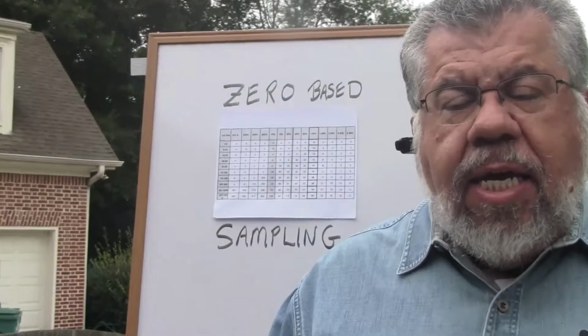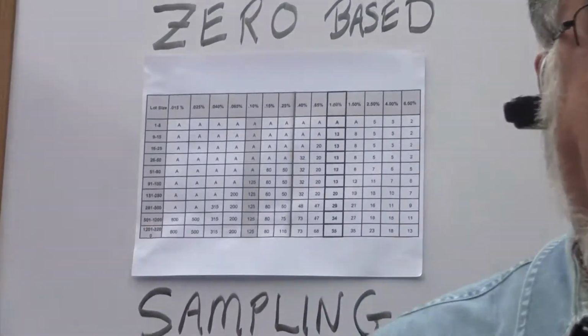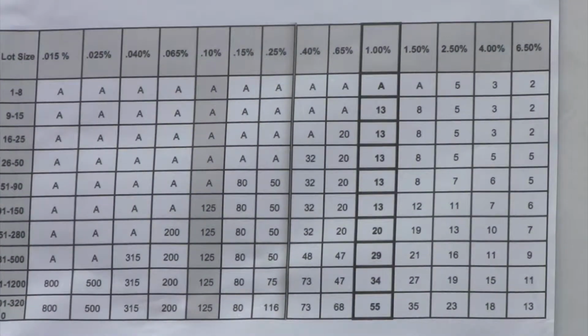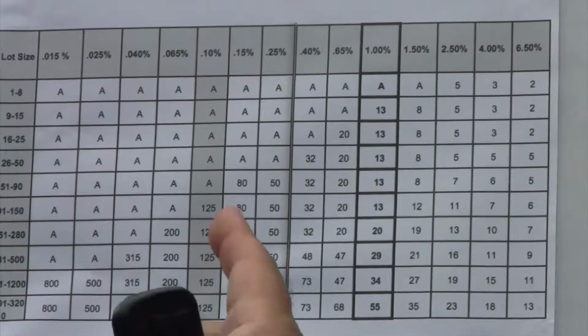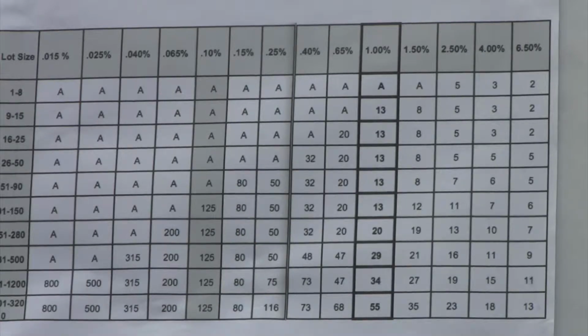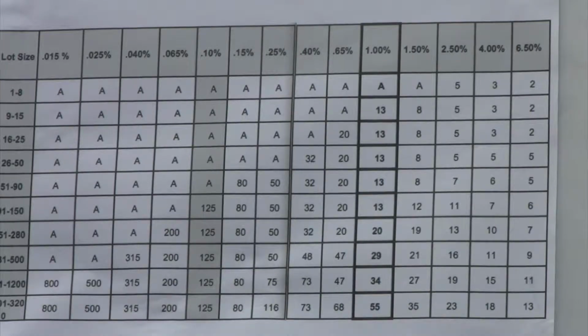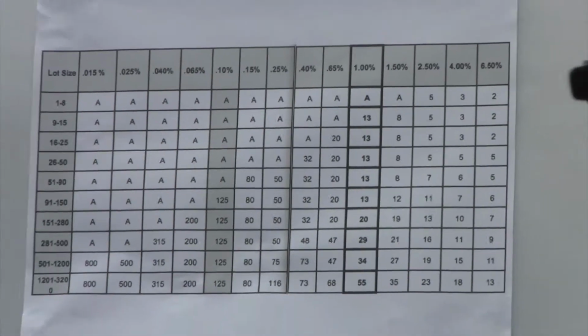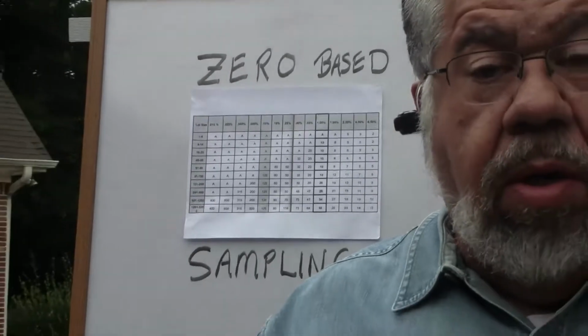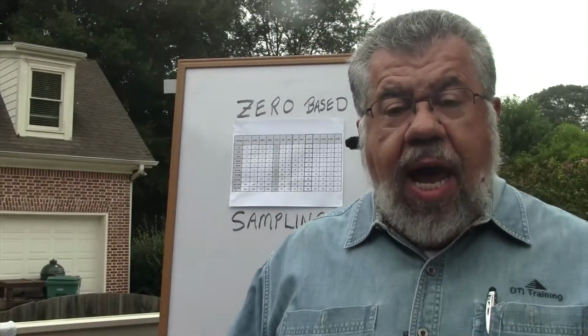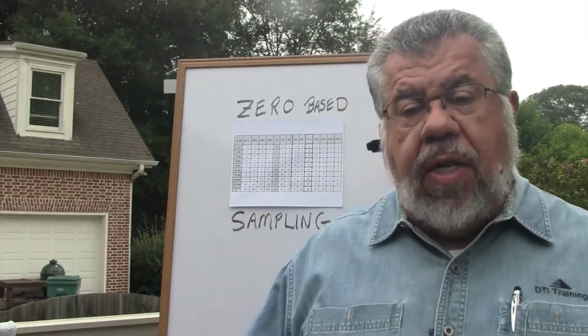The sampling plan that we're going to be looking at today is something called a zero-based sampling plan. It was actually used by the Department of Defense, Defense Contract Management Agency, to perform sampling in a system that already has a quality assurance function. So really, the sampling plan is kind of poor because it doesn't have a very high confidence level.